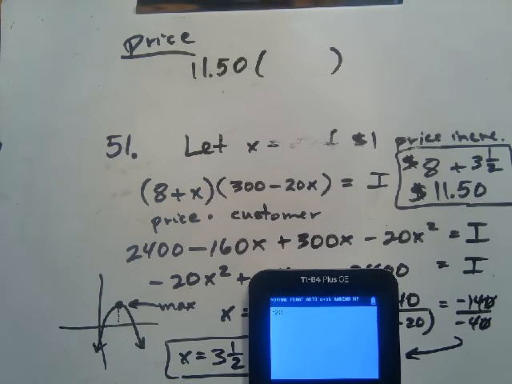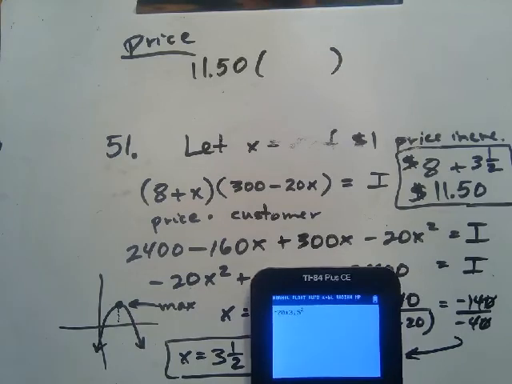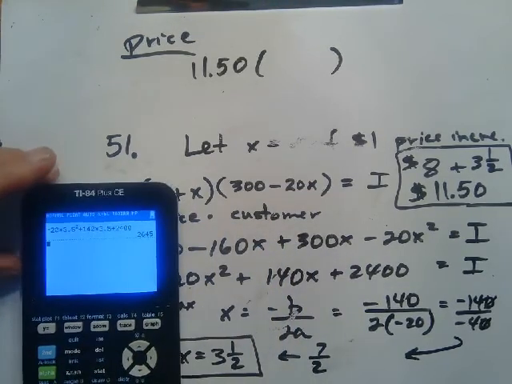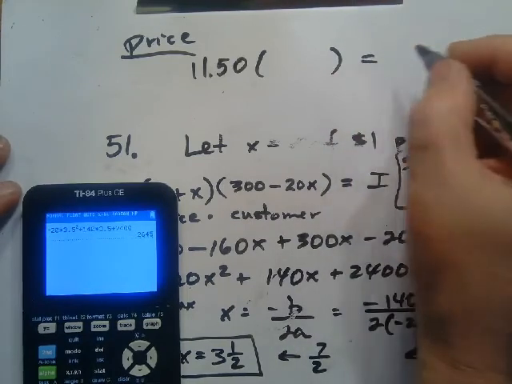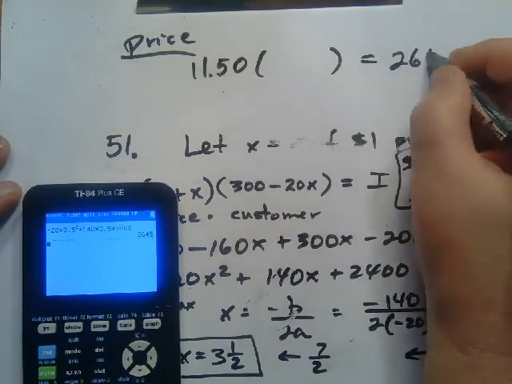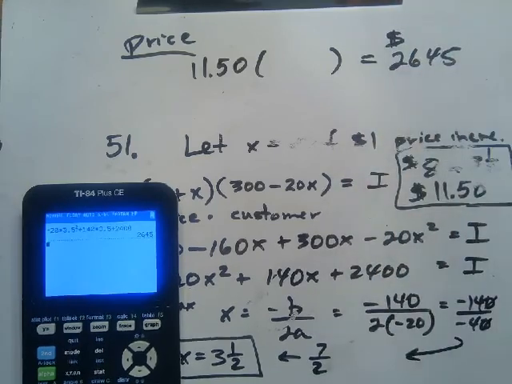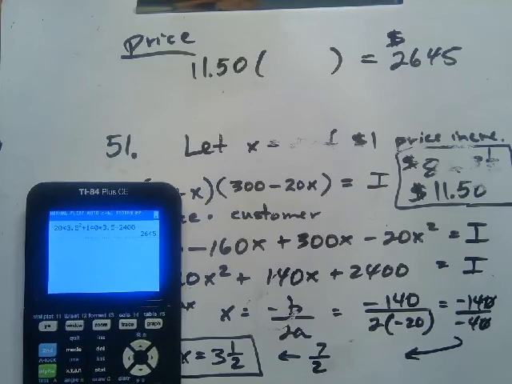Negative 20 times 3.5 squared plus 140 times 3.5 plus 2,400. And I end up with a dollar value of $2,645.